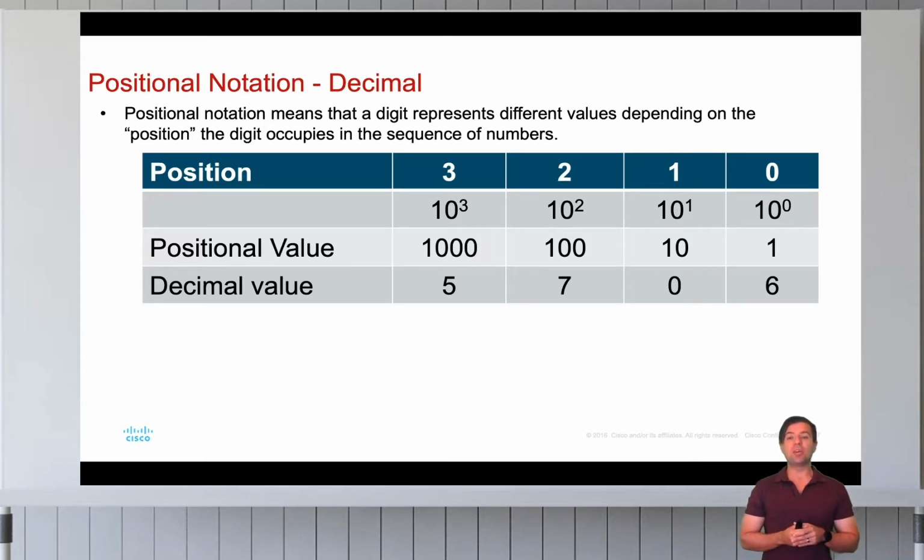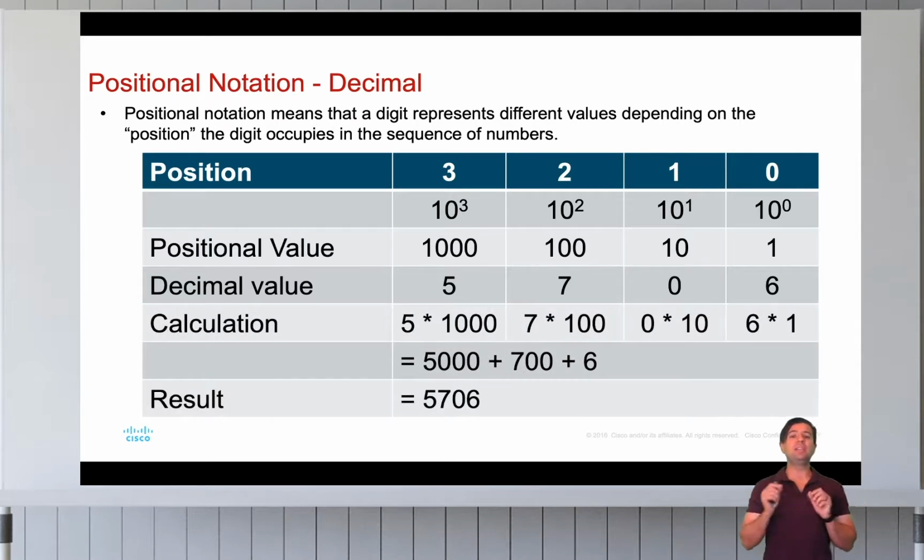The tens column is 10 to the power of 1, which is 10. The hundreds column is 10 to the power of 2, which is 100. And the thousands column is 10 to the power of 3, which is 1,000. Simple enough so far.